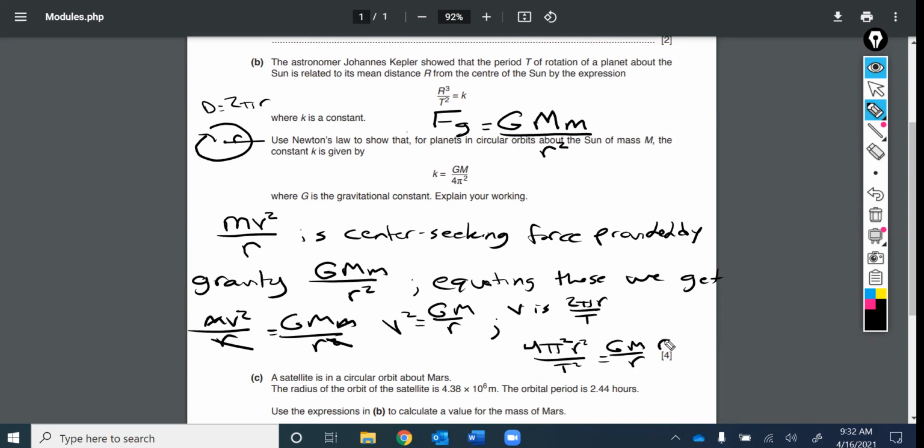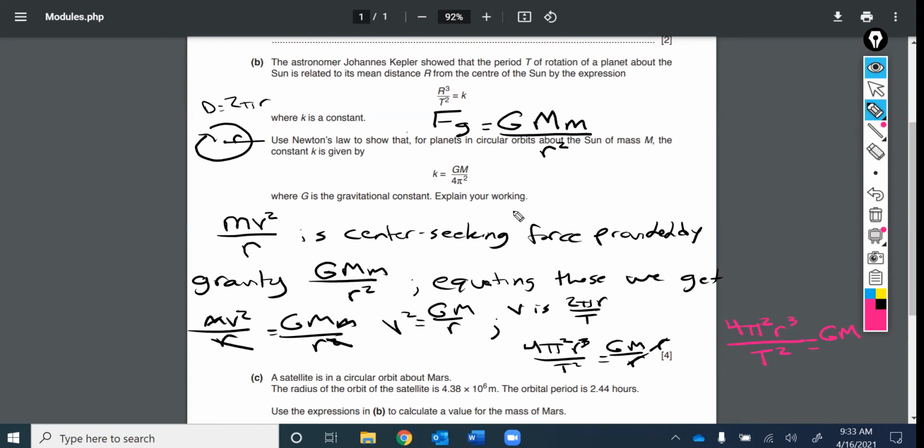So if we multiply both sides of this by r, then that becomes r cubed over there. Get rid of this one. And now we've got in pink ink 4 pi squared r cubed over T squared equal to GM.